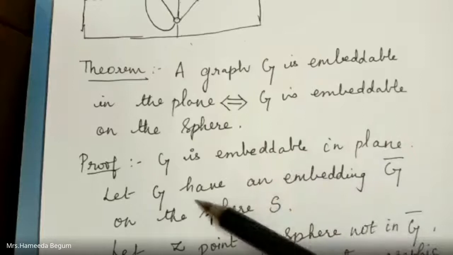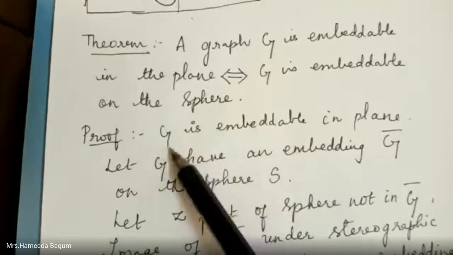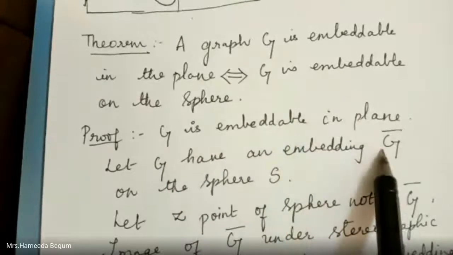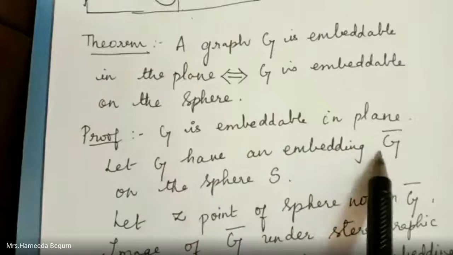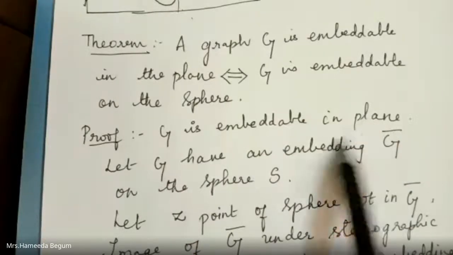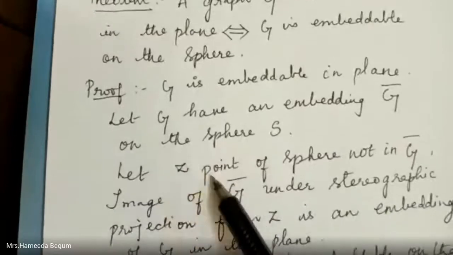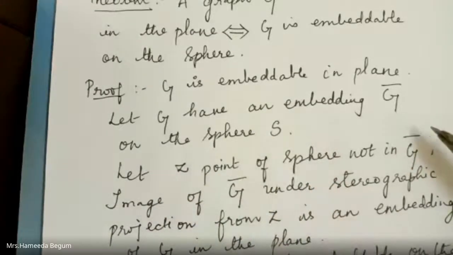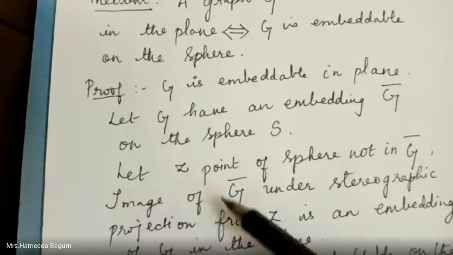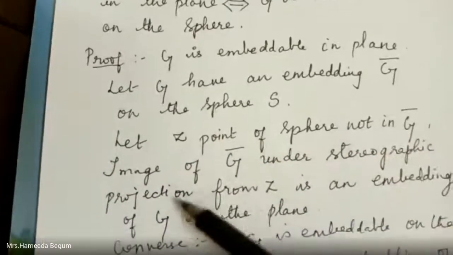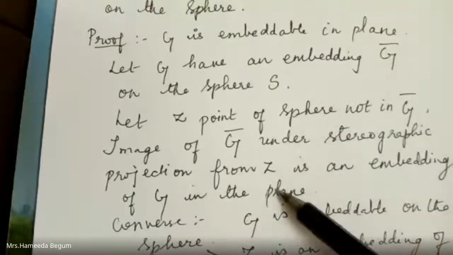So we take G bar, where the adjacent vertices of G become non-adjacent and the non-adjacent vertices become adjacent, so that G bar is an embedding on the sphere S. So we consider a point Z of the sphere which is not in G bar. If it is not in G bar, it will be in G, and therefore the image of G bar under the stereographic projection from Z will become an embedding of G in the plane. So hence it is proved.